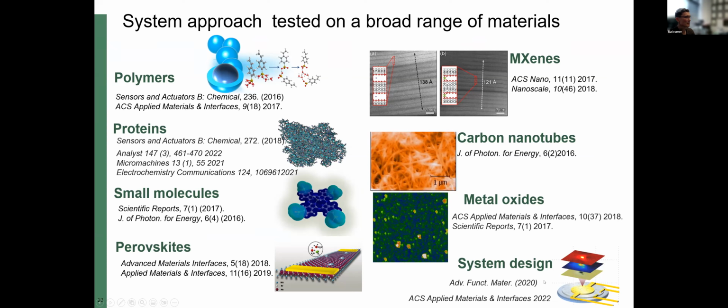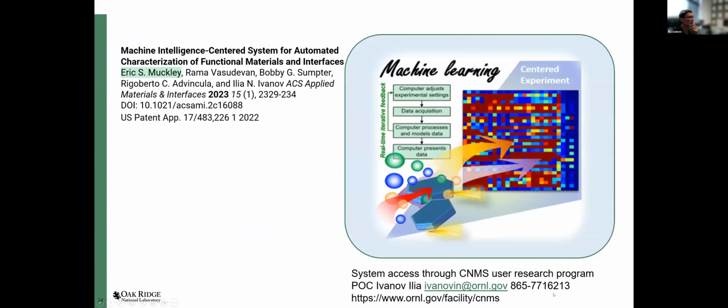The system design that I described earlier was published recently in Applied Materials & Interfaces last year, so that's the reference to the paper that published this particular story.